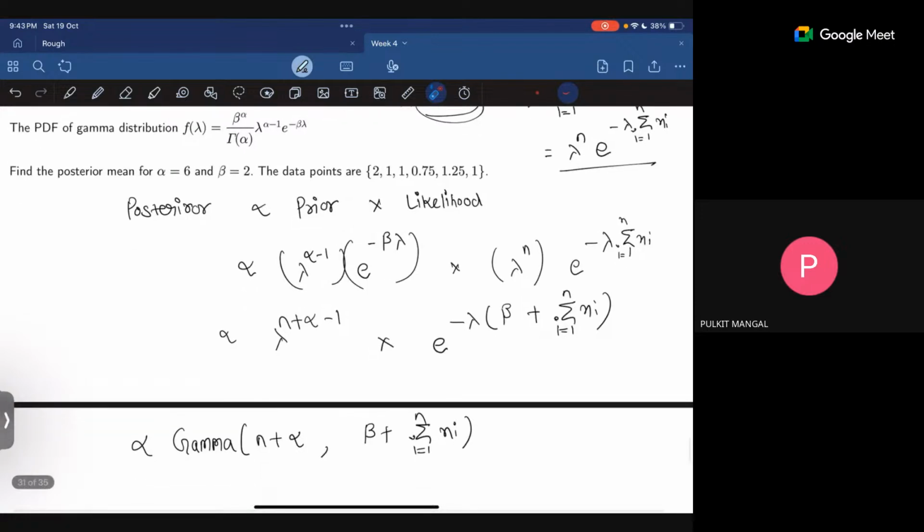Here also, in the posterior probability, we are trying to estimate the lambda. The parameter alpha in the posterior, after our prior belief, would become alpha plus n, while beta would become beta plus summation from i equal to 1 to n xi.